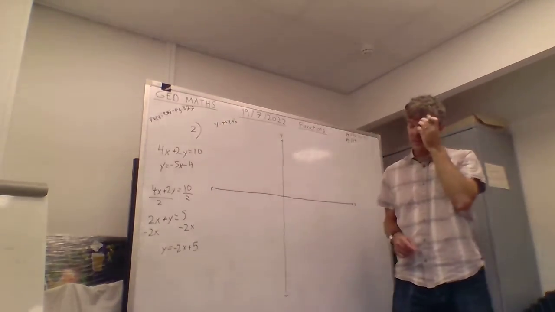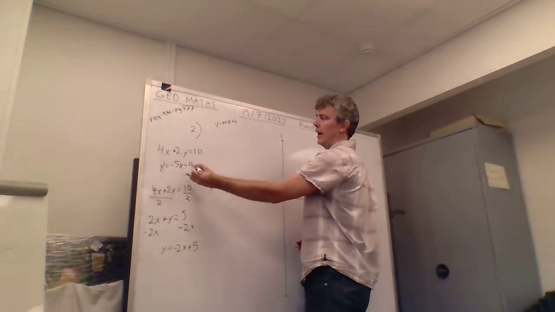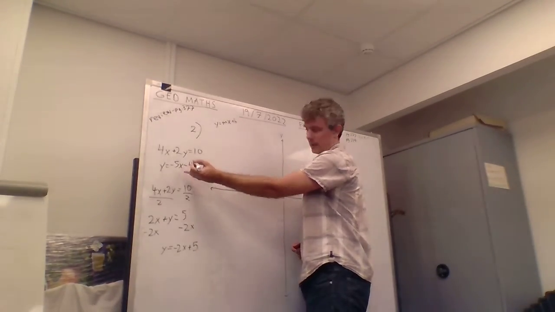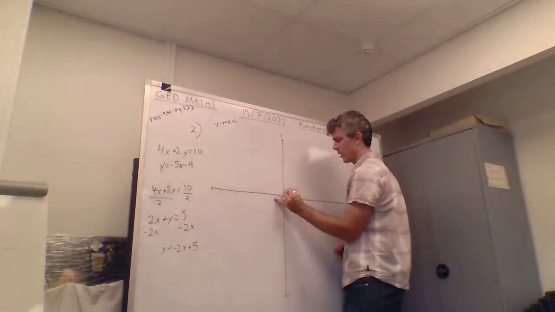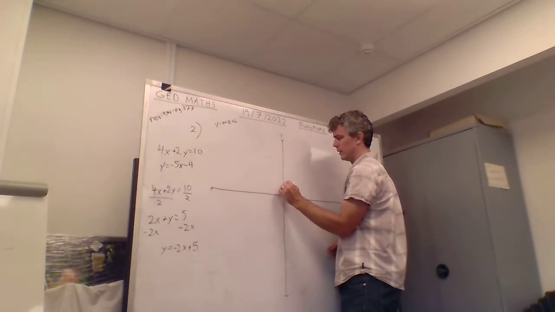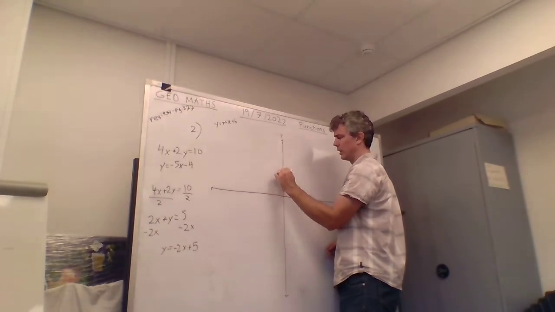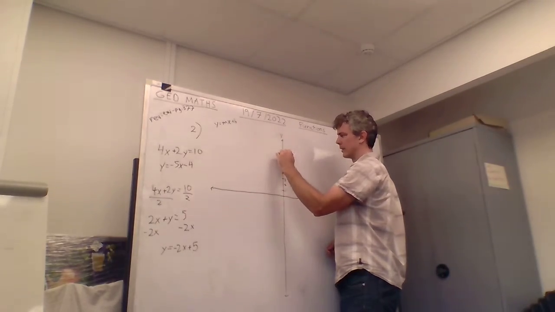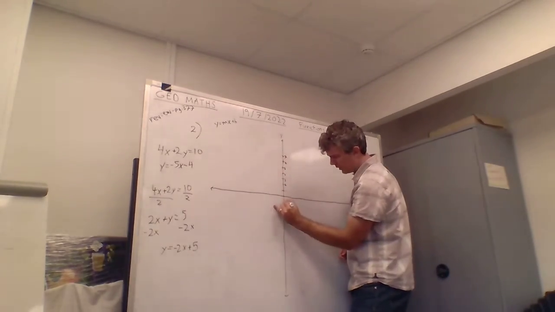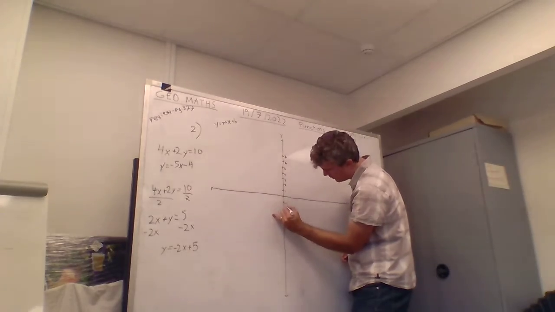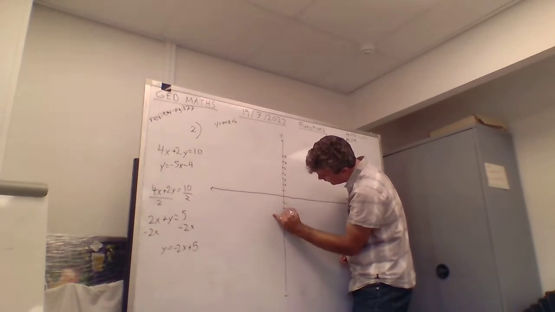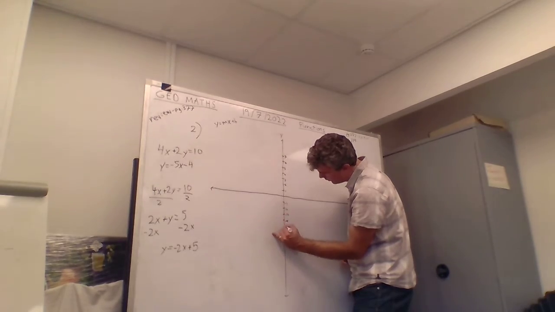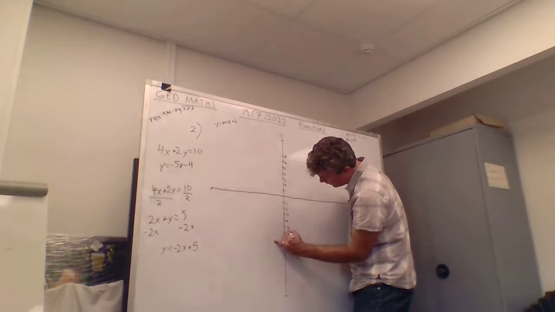Alright? And the reason I want that is now I know that this is my y-intercept, right? So I'm going to mark the y-axis 1, 2, 3, 4, 5, 6, 7. And here we have minus 1, minus 2, minus 3, minus 4, minus 5, minus 6.